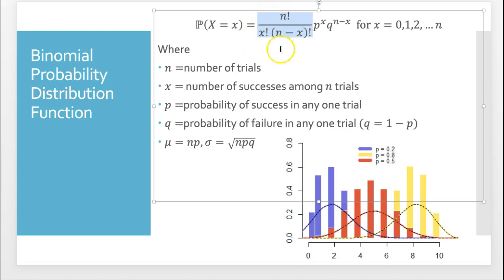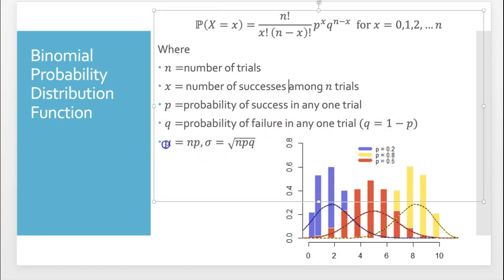Well, this will automatically count it for us. In class we did an example where we flip a coin 4 times, and we had 16 total outcomes, and there were 4 ways in which we got 1 head. We had to count them by hand, but this formula counts for us. Anyways, we have the number of trials, number of successes, probability of success, and probability of failure, which is the complement, so we subtract from 1.